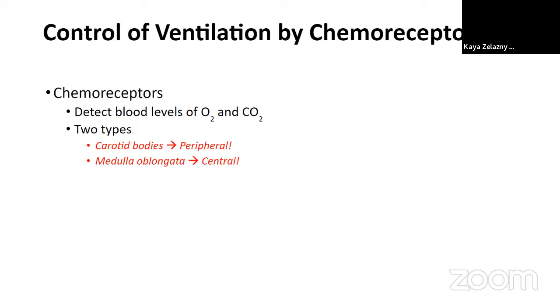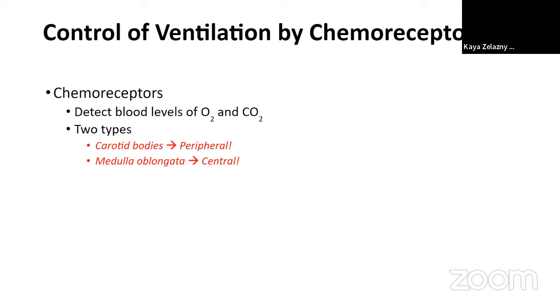The other place that we have a chemoreceptor is in the brainstem itself, in the medulla oblongata, that kind of thinner part inferior to the pons. We consider that our central chemoreceptor. Peripheral is anything that's not part of the brain or the spinal cord.